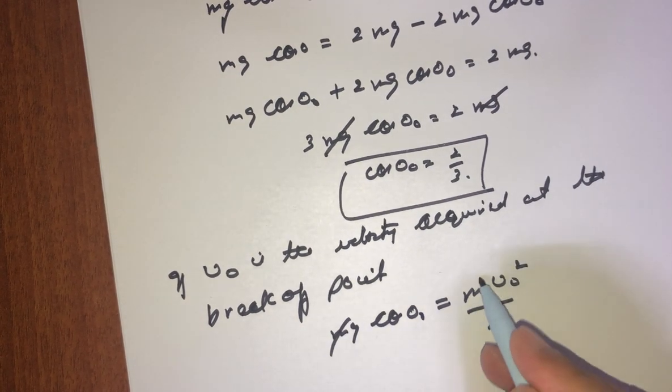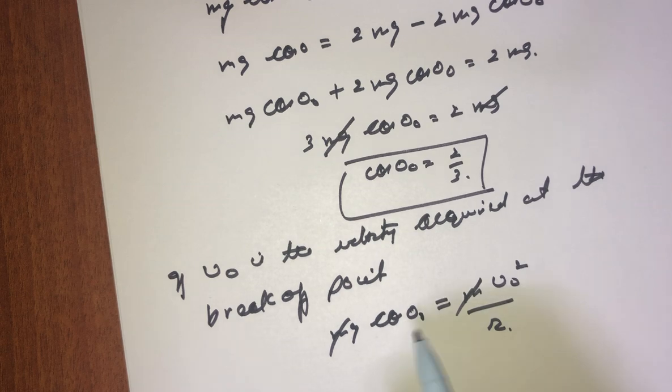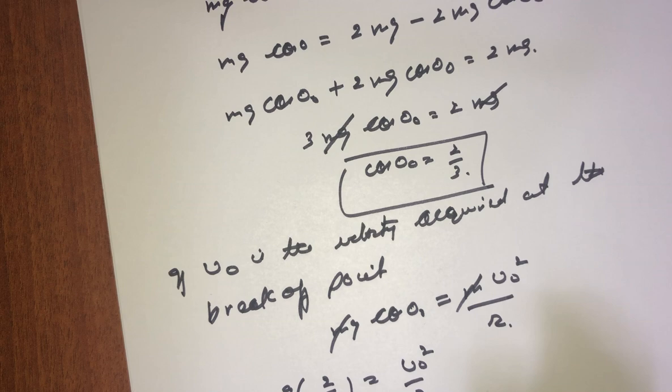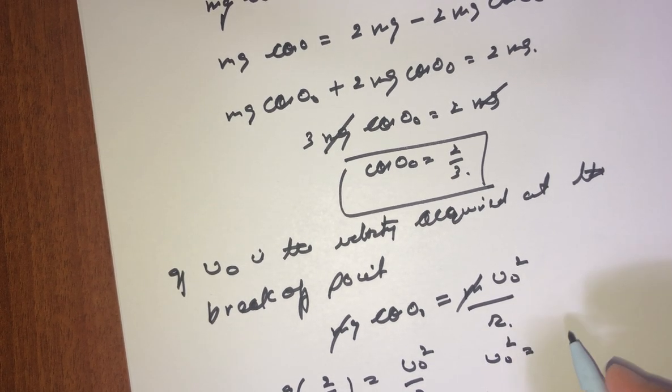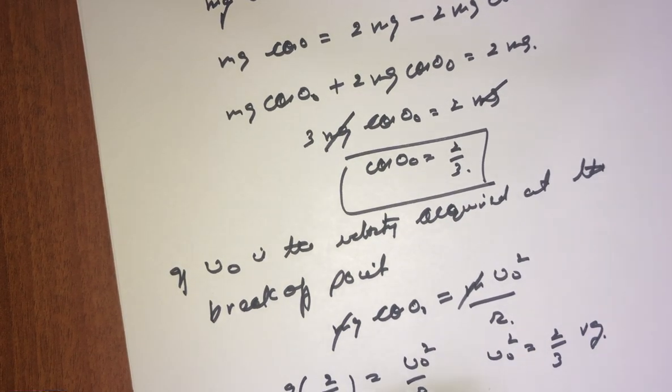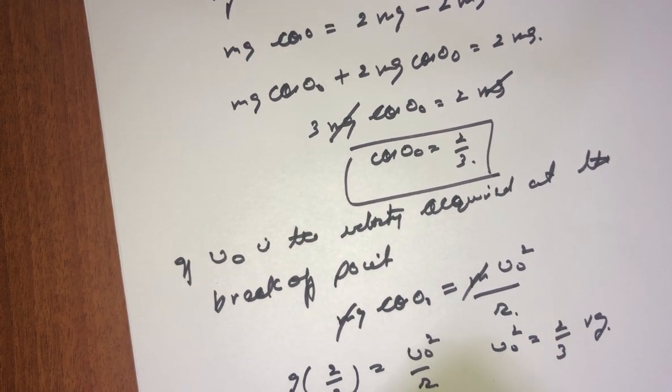Here m cancels out with m, and cos of theta naught is given as 2/3. We substitute here, so we get g times 2/3 is equal to v naught square divided by r. So from here we find v naught. v naught square will be equal to 2/3 rg, or we can write that v naught is equal to the square root of 2/3 r multiplied by g.